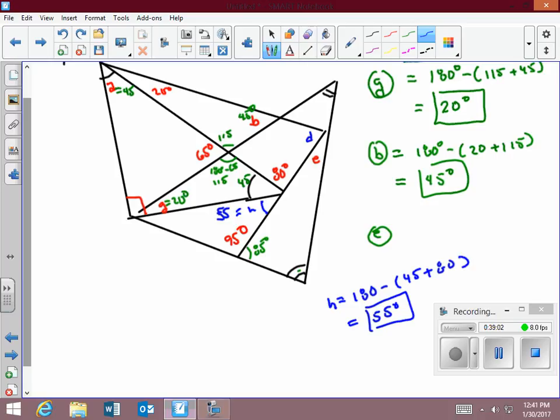So you can figure this one. You can write down 65 because that's the opposite of it. And then you can figure out the other angle from taking 180 minus B, and then you get 135.